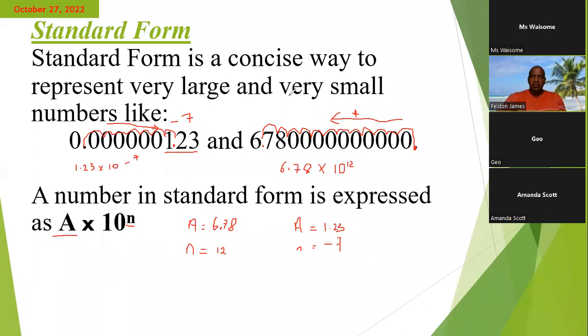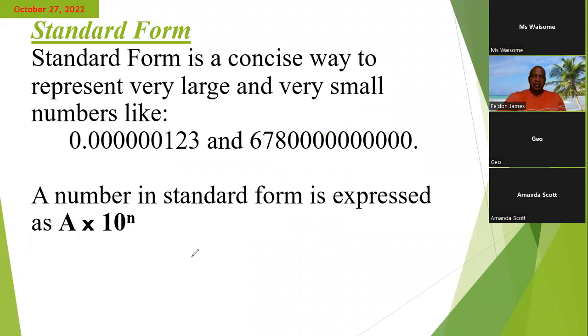So I'm just going to put two standard form numbers at random here, and I'm going to ask you to convert them back to normal form. All right, guys. So let's say that we have a number, say, 5.6 times 10.